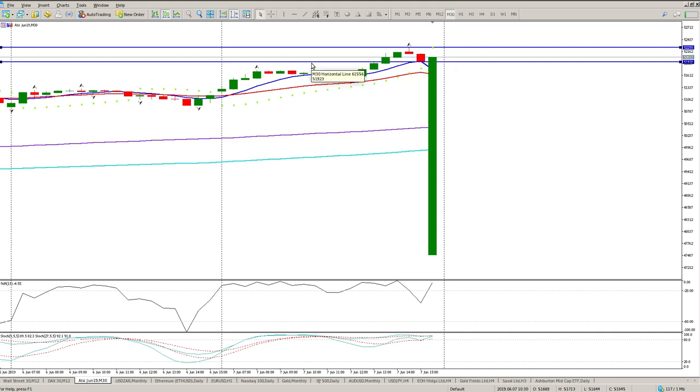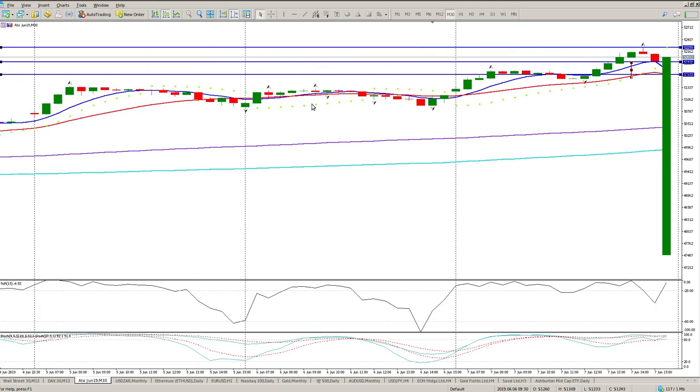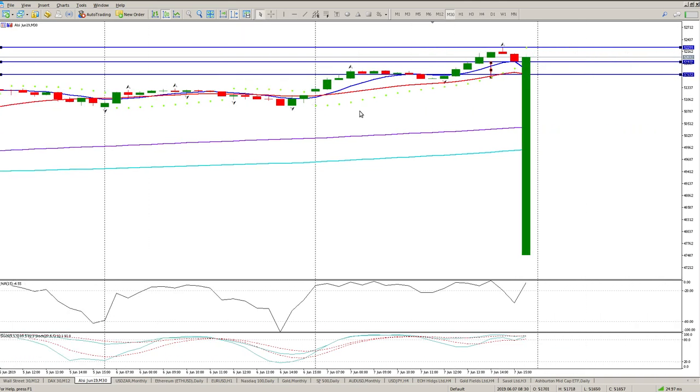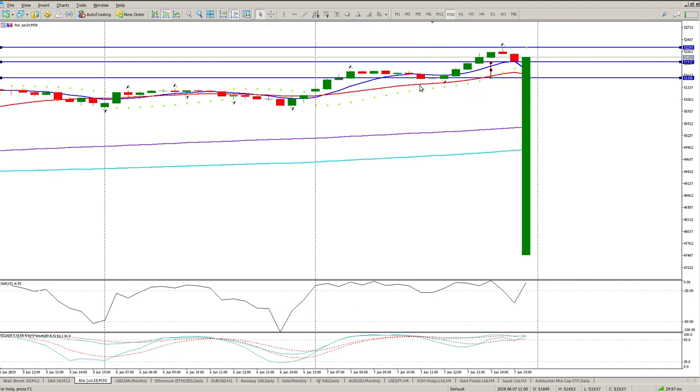So a break below 51,923 brings this area here into play, which is 51,556.